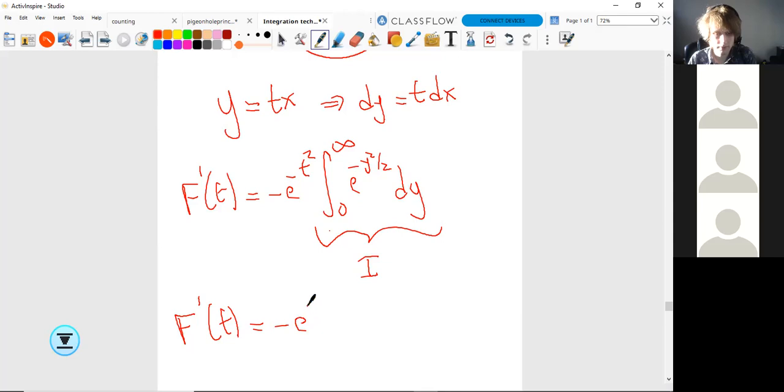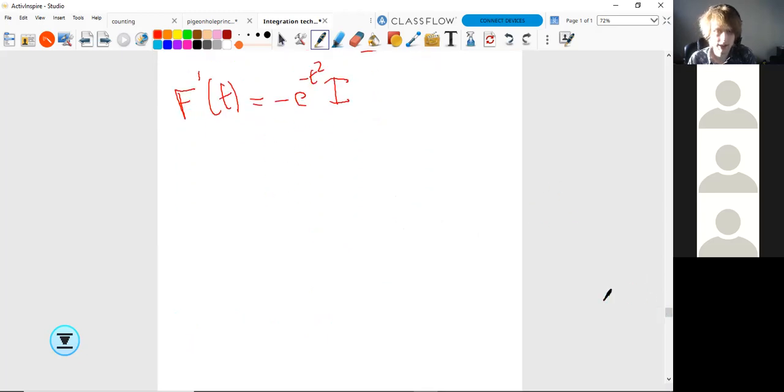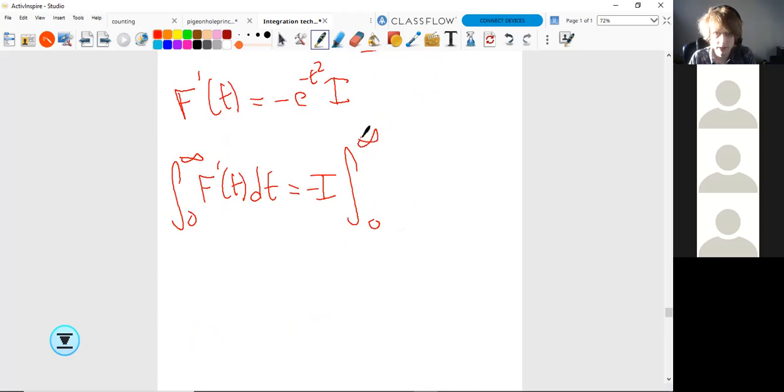So it's equal to e to the minus t squared times I. And if we integrate from 0 to infinity of this thing dt, the integral from 0 to infinity of f prime of t dt equals I minus I times the integral from 0 to infinity of e to the minus t squared dt.